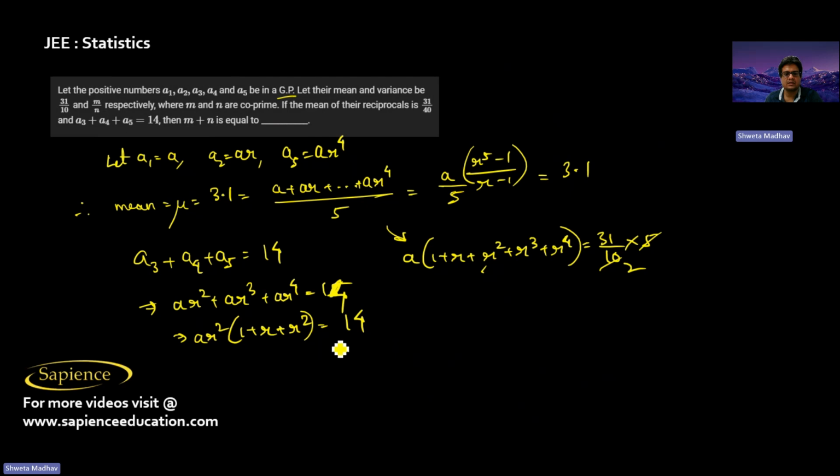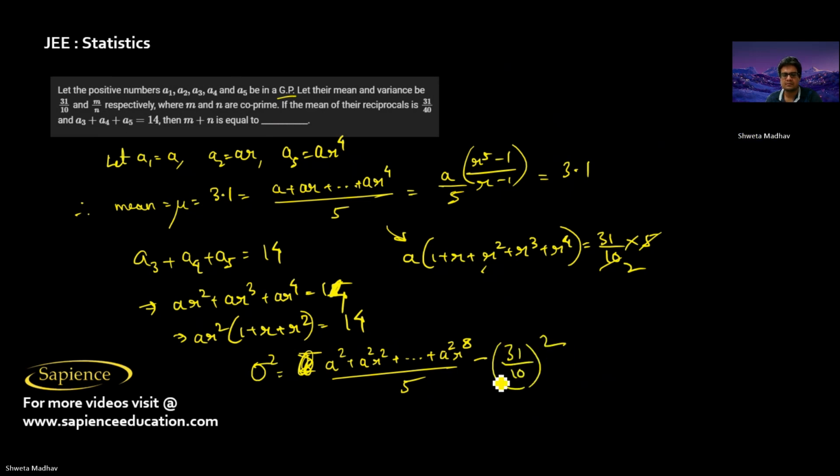And their variance, that is sigma square, will be equal to the summation of a square plus a square r square plus up to a square r power 8 divided by 5 minus their mean square, that is 31 by 10 squared, and that is given as m by n.